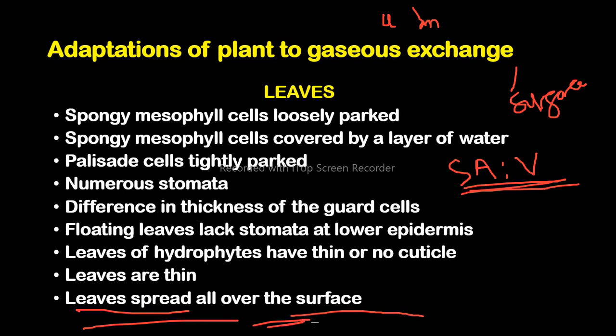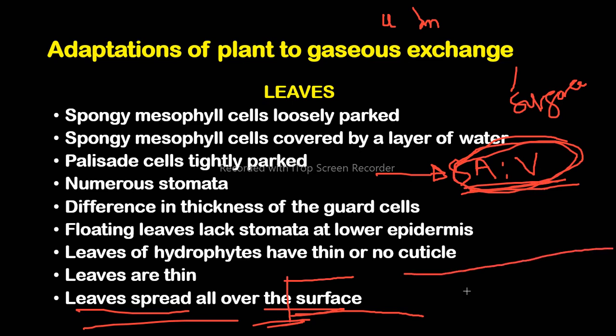Having a large surface area is different from having a large surface area to volume ratio. Here we are considering a volume, but now this is just surface area, the surface over which diffusion is going to occur. So if your leaf is like this, then you have a large surface. Gases can enter at this point, at that point, and at that point.